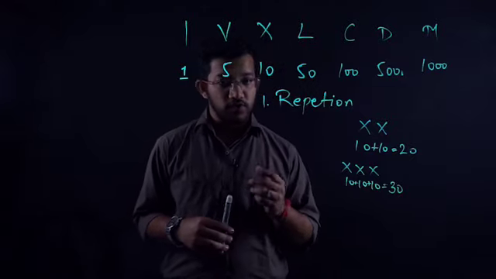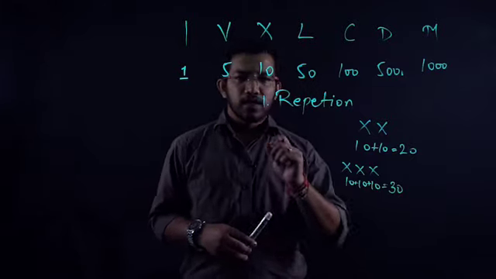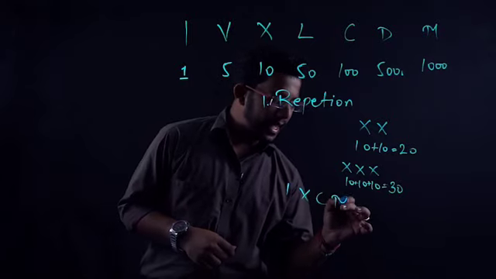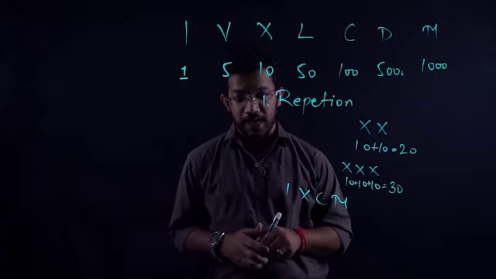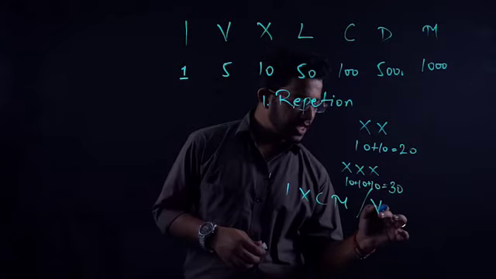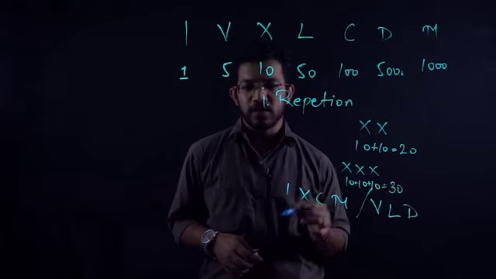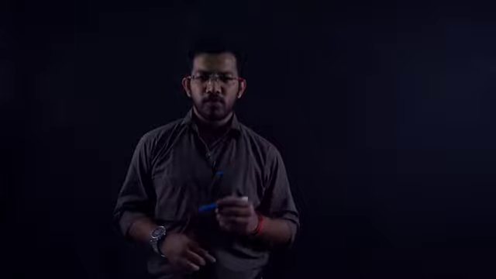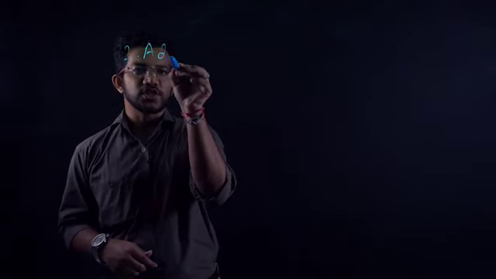Point number 2, which we should always remember, is that I, X, C, M are the only letters which can be repeated, whereas the letters V, L and D cannot be repeated. Now we come to rule number 2. Rule number 2 is the rule of addition.